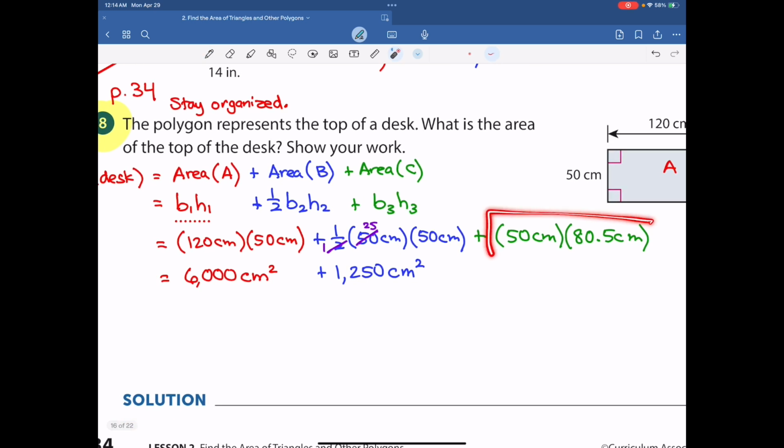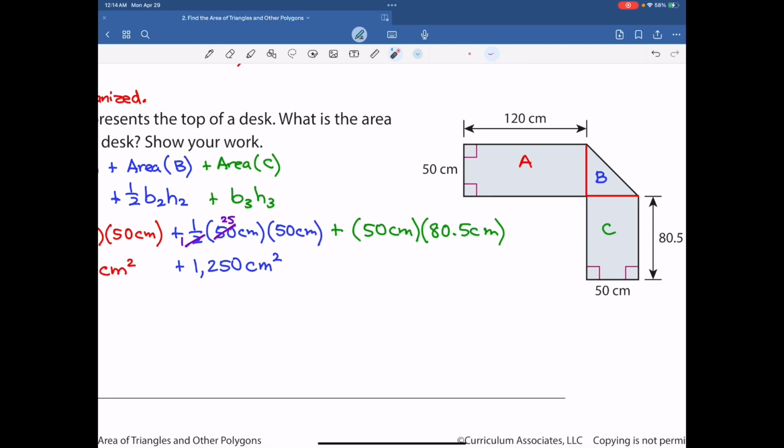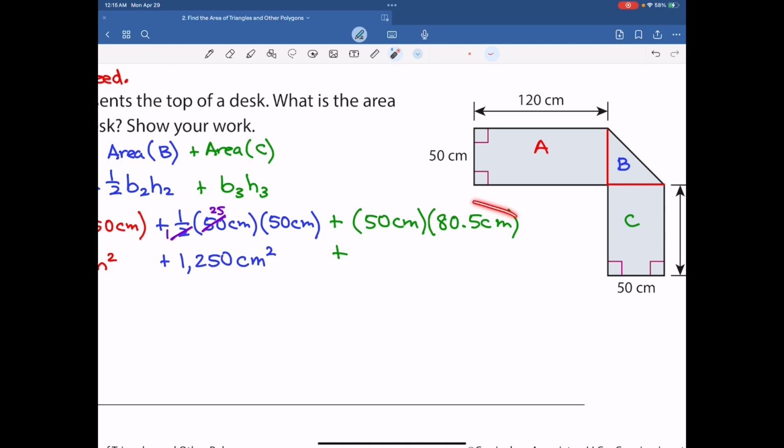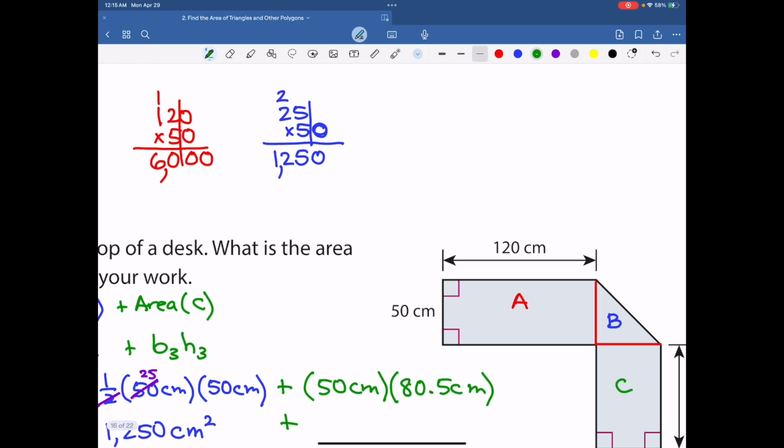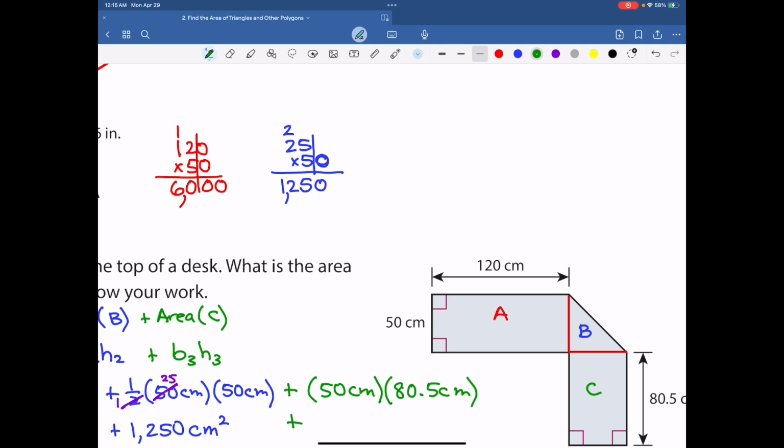Next up, this rectangle in green, section C. So I'll write down plus. And we have 50 centimeters times 80.5 centimeters. I'll do my work up here in green, and I'll set up my multiplication with the hanging zeros as well.